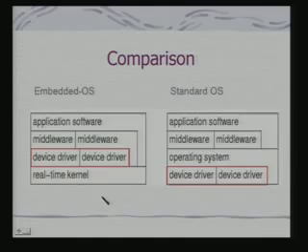So if we compare the basic idea, if I have an embedded OS and I have a standard OS, you have an operating system and along with it you have device drivers for multiple applications.